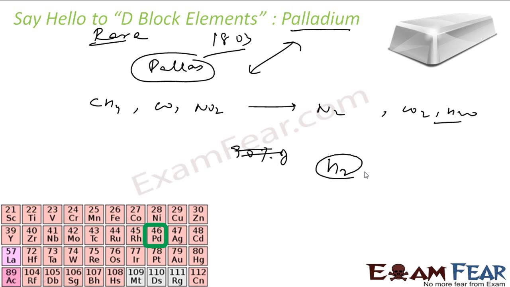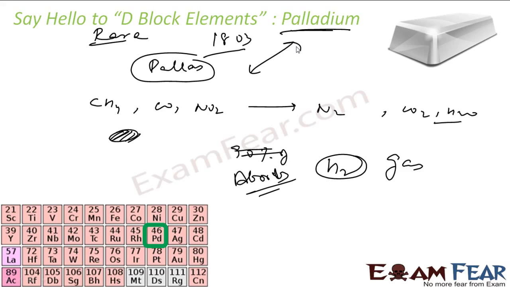It absorbs hydrogen gas. Since it absorbs a lot of hydrogen gas, 1 liter of palladium can actually absorb 900 liters of hydrogen. So it is a potential storage for hydrogen in the future.